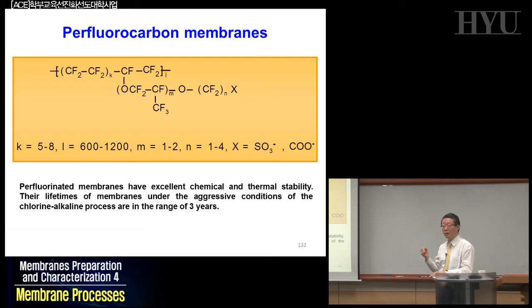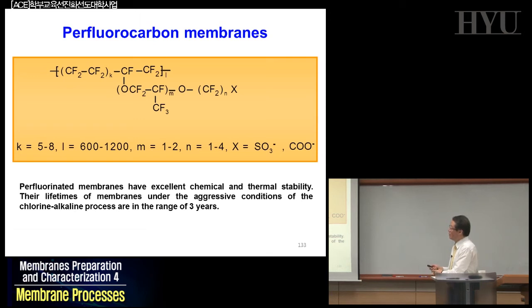Now chlorine, first of all, is the main component of your seawater. So instead of using other natural resources, seawater is the main source of your chlorine. So if you can separate the sodium and chloride, they can obtain the chlorine from the sea and supply this chlorine, Cl2, to the chemical industry located nearby the sea, and make other chemicals.